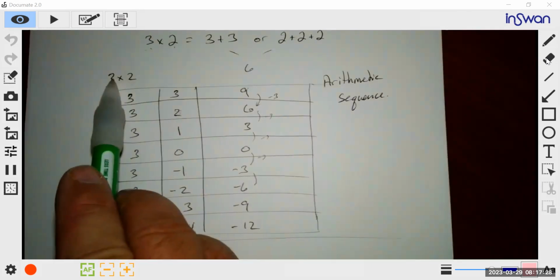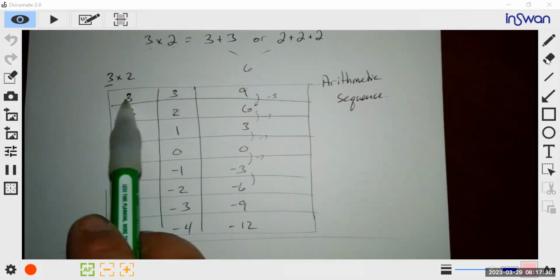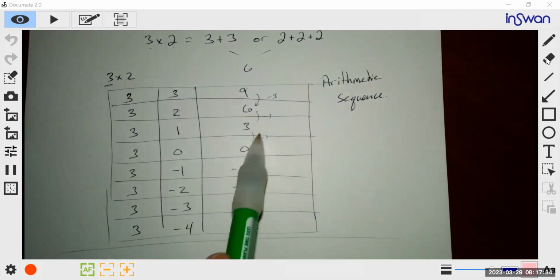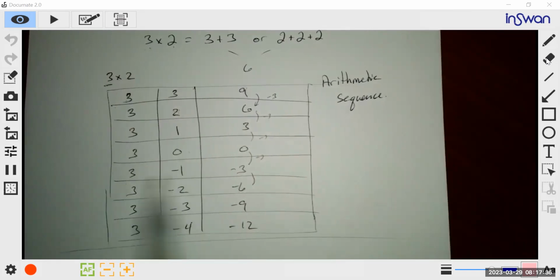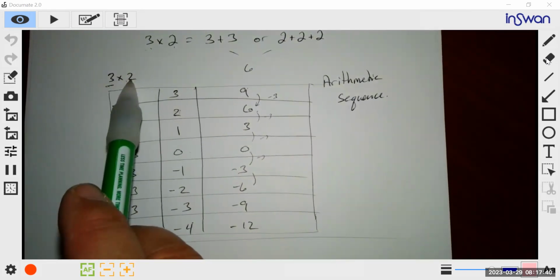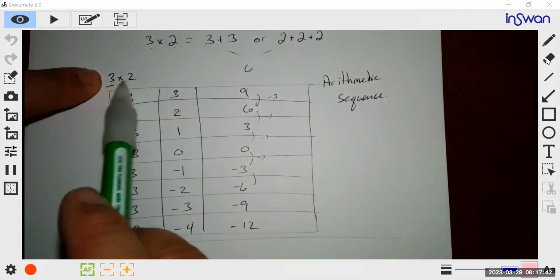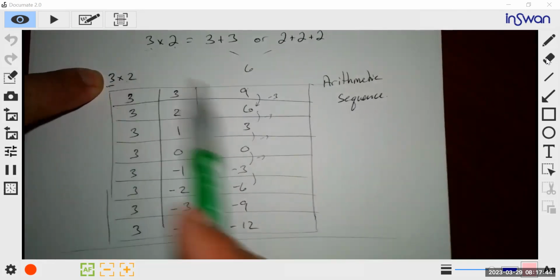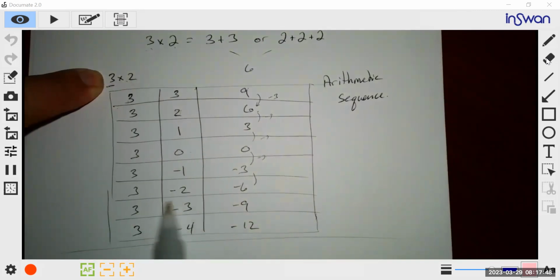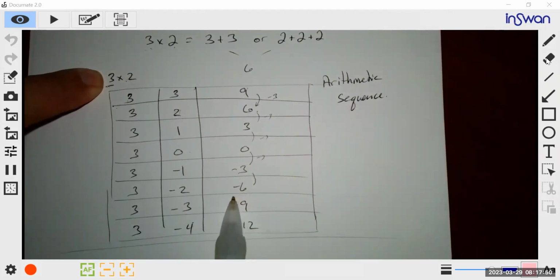And so that's using a pattern. So you're looking for 3 times 2. Let's just try it. Let's create a pattern. We start 3 times 0 is 0, 3 times 1 is 3, 3 times 2 is 6, and then down. So no matter what you give me, if 3 is positive and 2 is positive, the answer is positive. If 3 is positive and 2 is negative, the answer is negative.